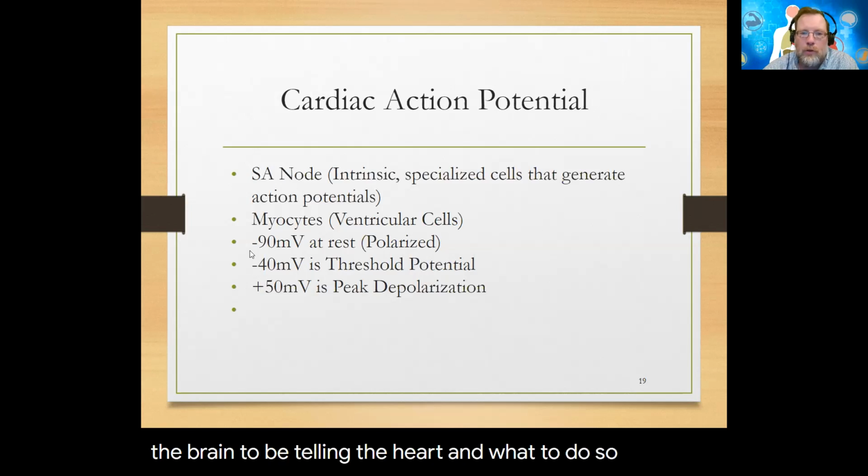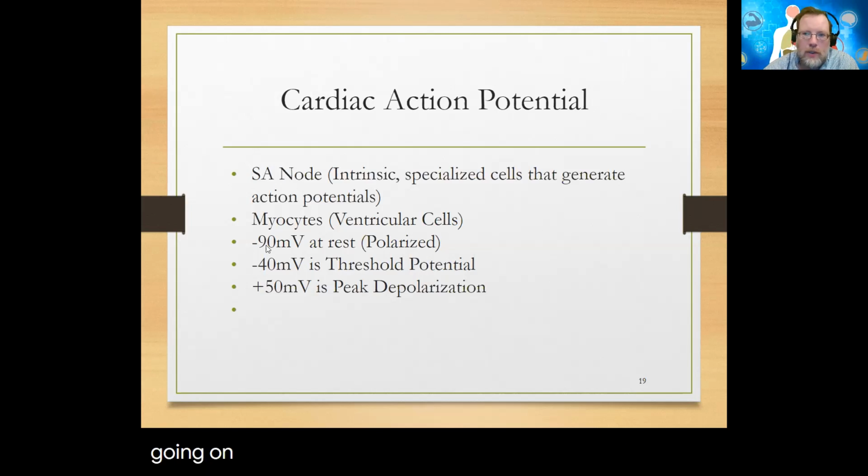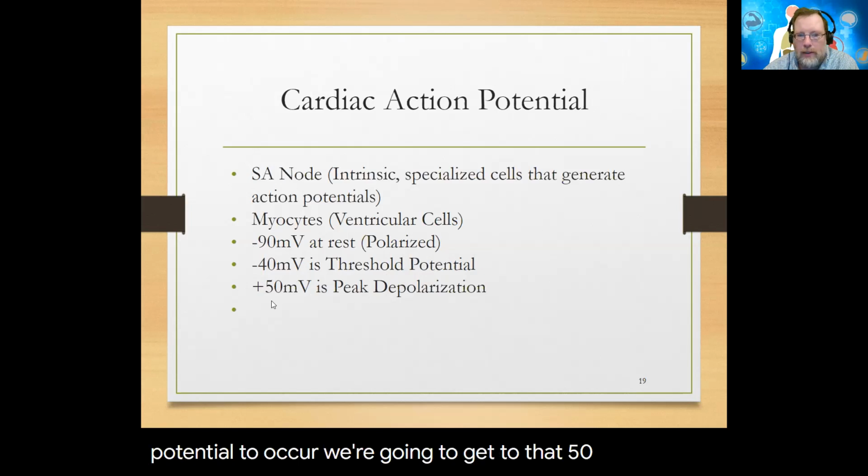So this is going on 60 to 100 times per minute, where we're getting polarization, and then the influx of sodium ions into the cell to the point where we get to a negative 40 millivolts. That's going to trigger an action potential to occur. We're going to get to that 50 millivolts positive as our peak of depolarization.